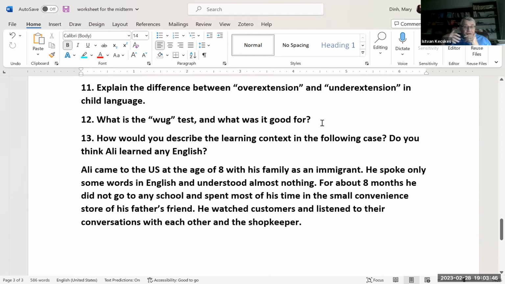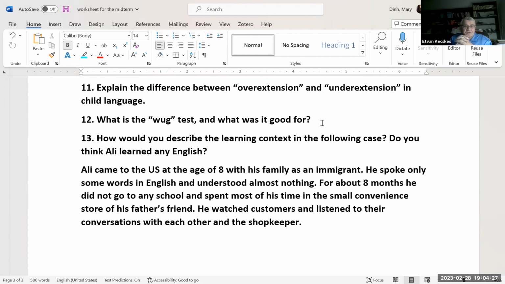And then they notice that basically the process is rule governed. So in most of the cases, the ed is used to form the past tense, and they overgeneralize that. So what happens is that they produce utterances like goed and doed and so on. And the third stage is when they recognize that there are irregular forms, but in most of the cases, of course, the ed form is used as an underlying rule.